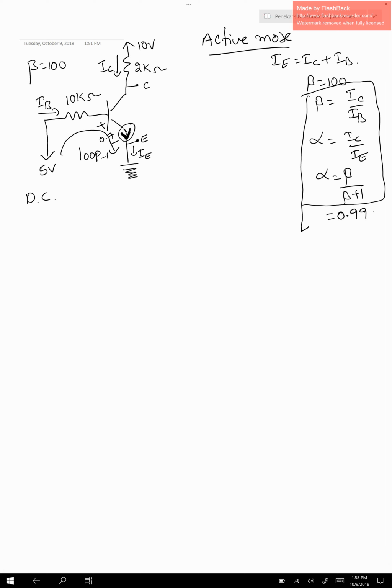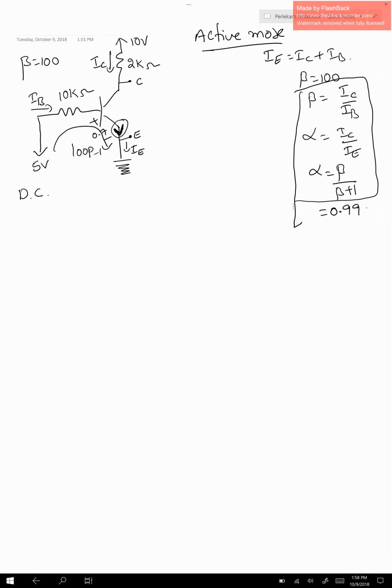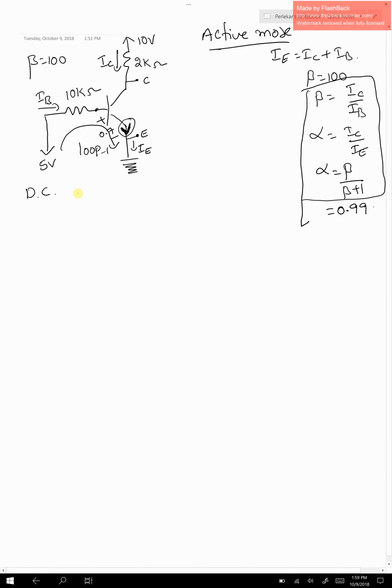We know this is an NPN transistor because the arrow is going out of the emitter junction. Since I'm going to assume active mode of operation, I know that VBE, the base to emitter voltage drop, is 0.7 volts. I'm going to do the loop analysis.